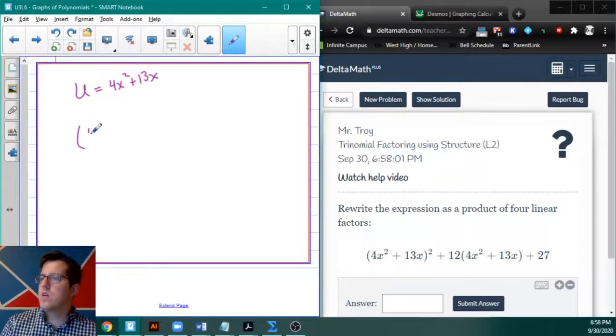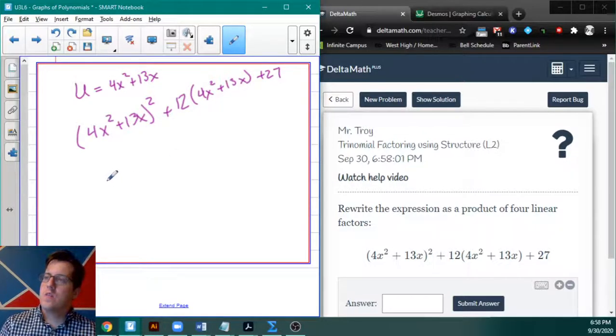Okay, so stuff squared plus 12 stuff plus 27. So U squared plus 12U plus 27.